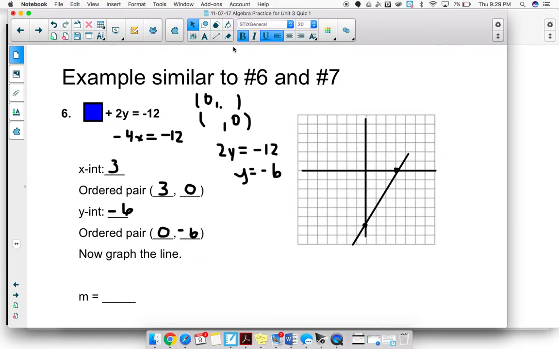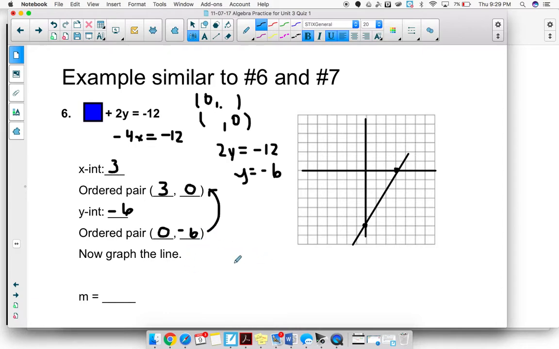The slope is just pretty straightforward. Again, you just got to be careful. Make sure you start with the y's first. My slope here, I'm going to take negative 6 minus 0 for the y's in the numerator. And then for the x's, you have to keep that same pattern going.